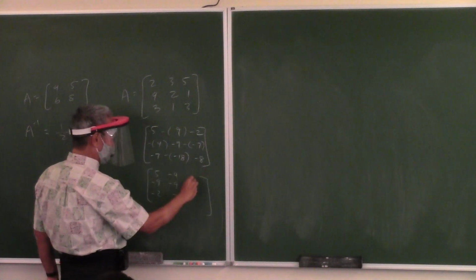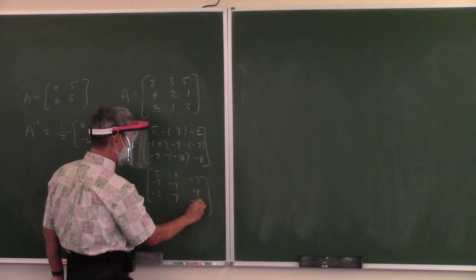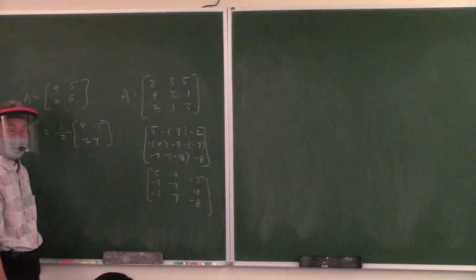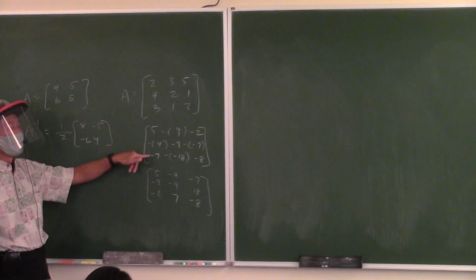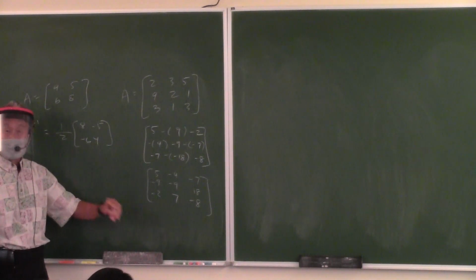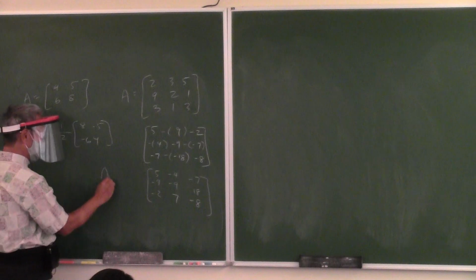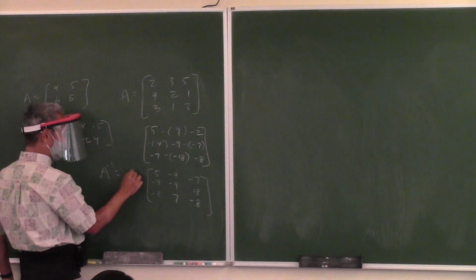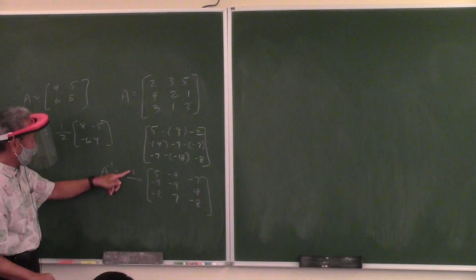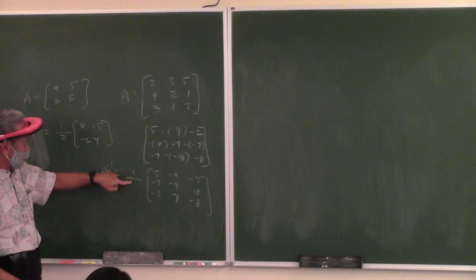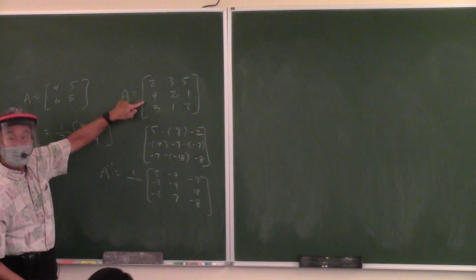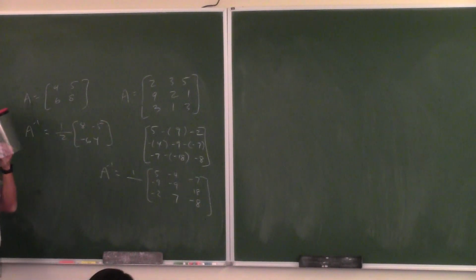And the third row becomes the third column. So what you gotta do: replace each element with its cofactor, transpose it, and finally, the last step to find the inverse is to go 1 over the determinant of the original matrix.